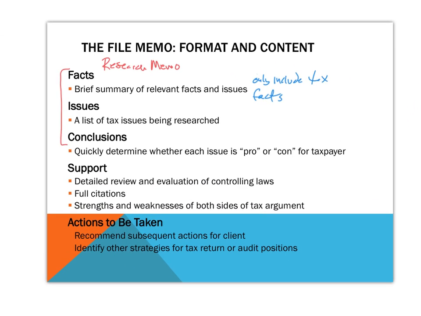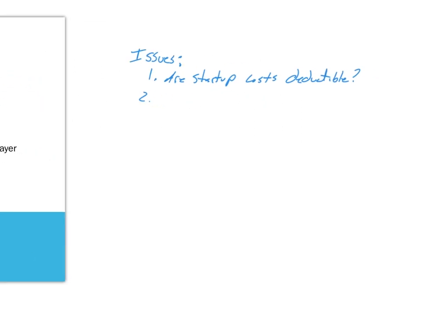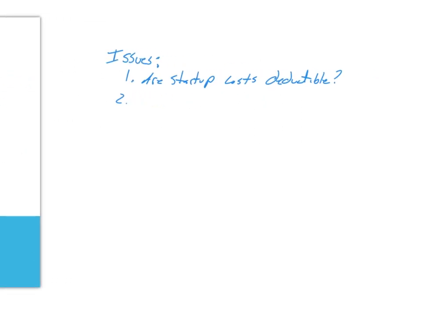All right? So then the next section is your conclusion. Okay? Your conclusion is a one sentence answer to each of your issues. Okay? So if you have two issues, then you are going to have two conclusions. So you're going to have your issues section, and then you're going to have your conclusions section. All right? And they're going to correspond numerically to your issues.